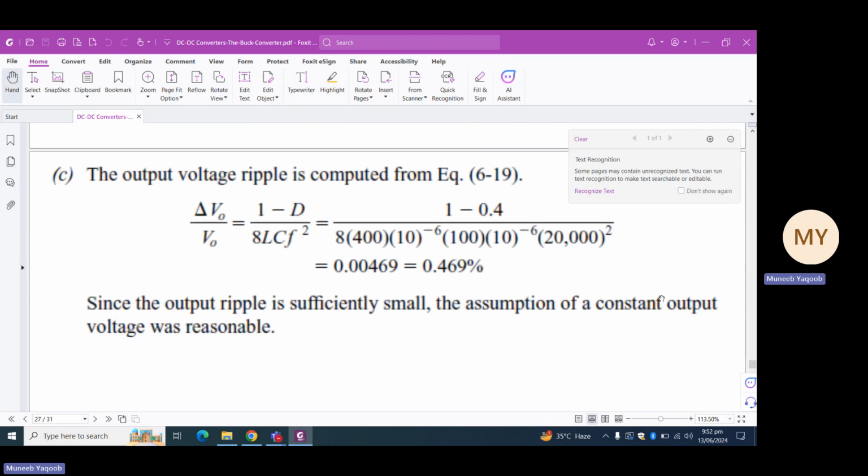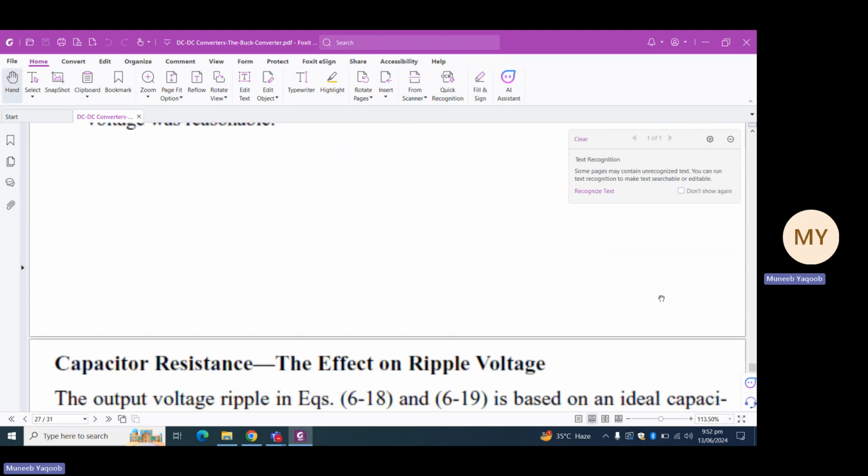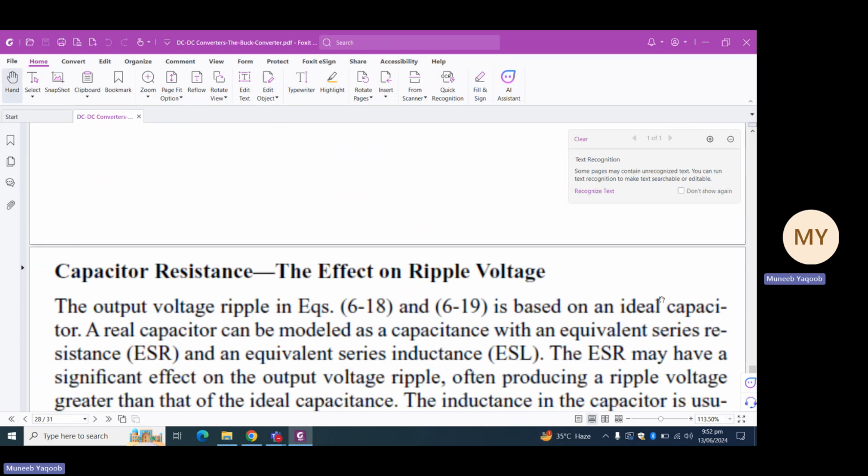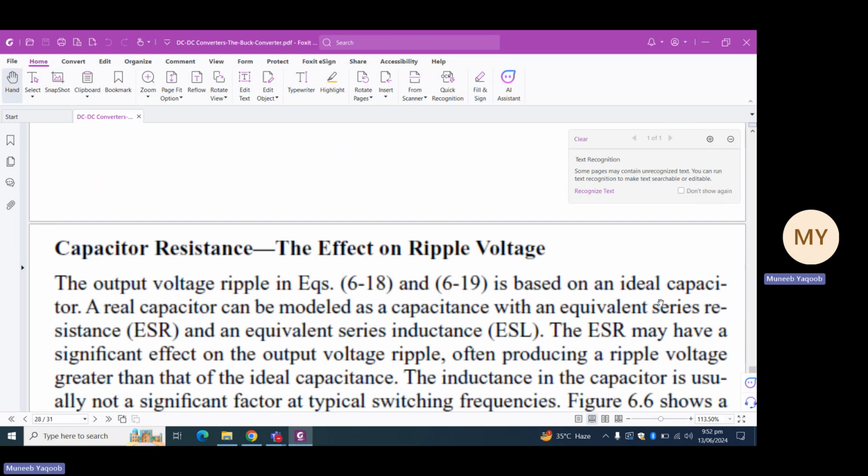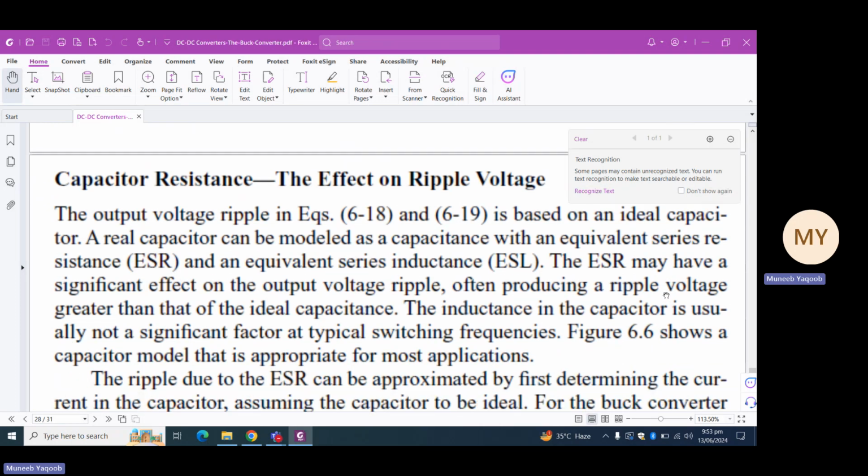Now, if we want to calculate the effect of capacitance resistance on ripple voltage, we can see that every capacitor has a resistance and an inductance as well. The effect of the resistance is known as equivalent series resistance, and the effect of the inductance is known as equivalent series inductance.